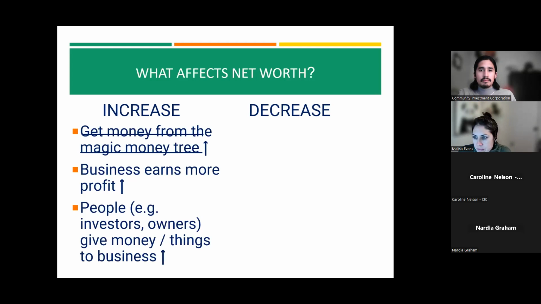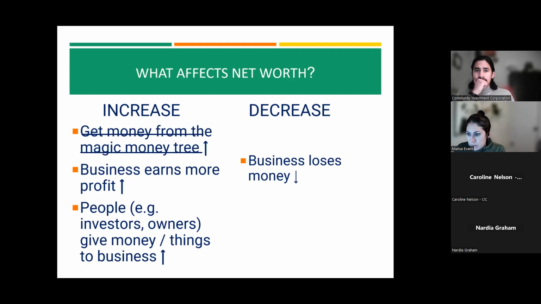And then when we're looking at what causes a business's net worth to decrease, well, if your business loses money, that obviously is a decrease, and a business loss would be a reflection of your profit and loss. So that would mean on your profit and loss, your expenses exceed your revenue, or they could just be larger than what maybe you would like them to be.